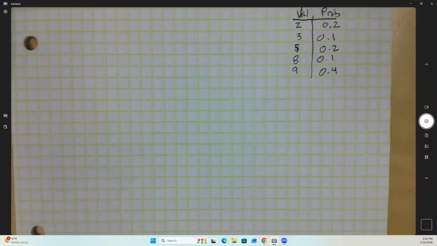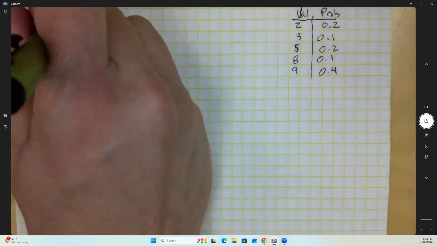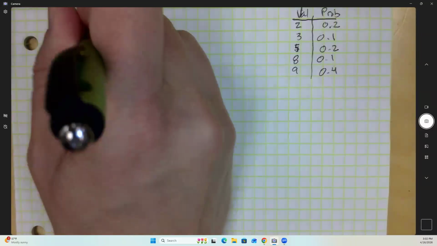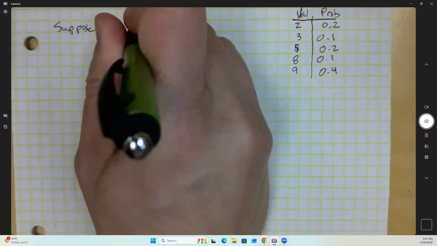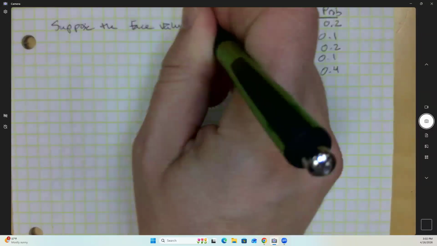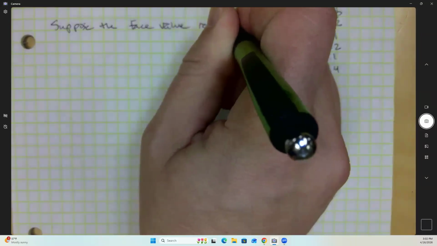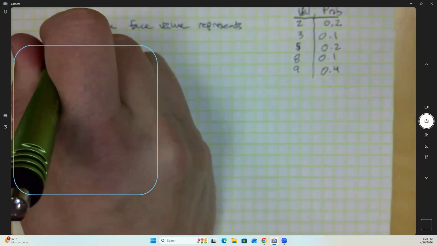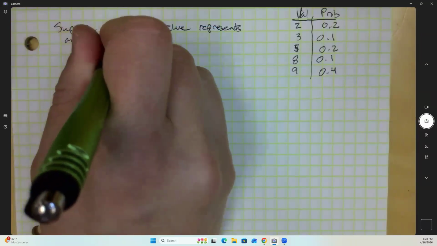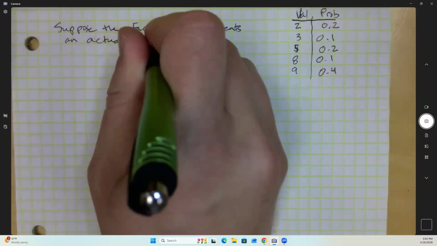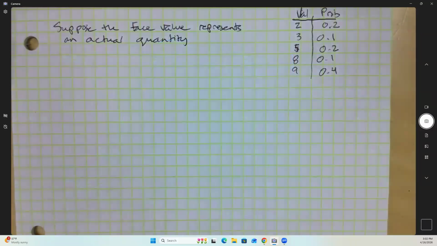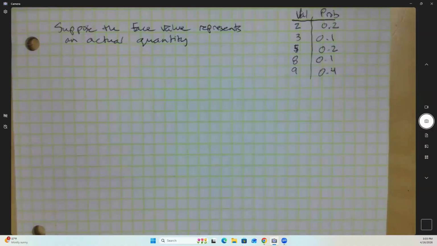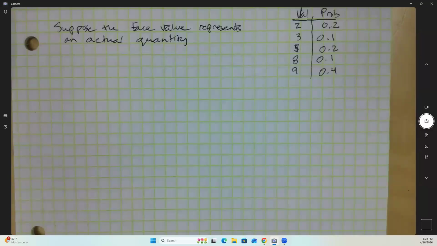Okay. So suppose the face value represents an actual quantity. So we're walking away from saying it's categorical. We're now saying it's quantity. Maybe it's the number of dollars. Maybe it's the number of cats. Maybe it's the number of hats. I don't know.